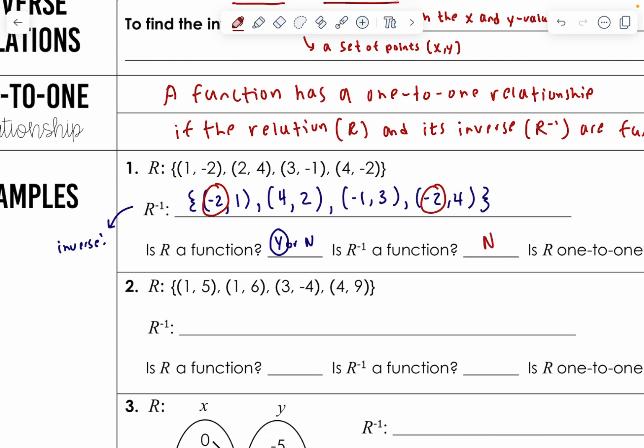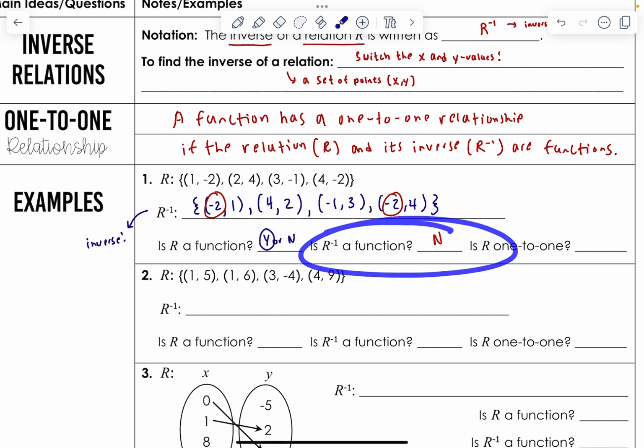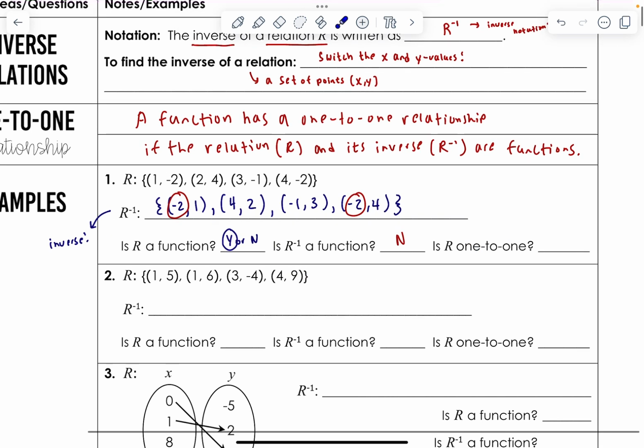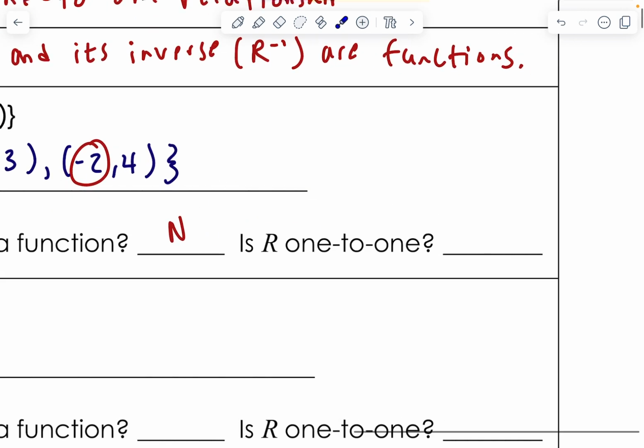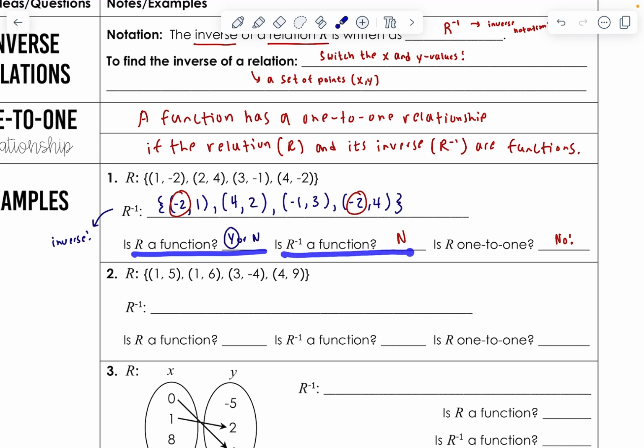So write no. So because R is a function, but our inverse is not a function, R as a whole will not be one-to-one. So this would be no. In order to be one-to-one, your relation has to be a function and the inverse has to also be a function at the same time.